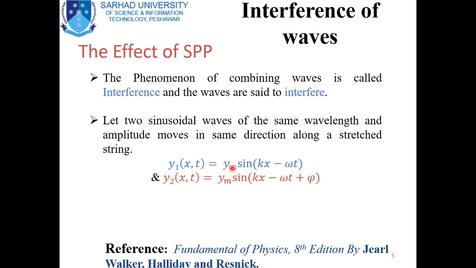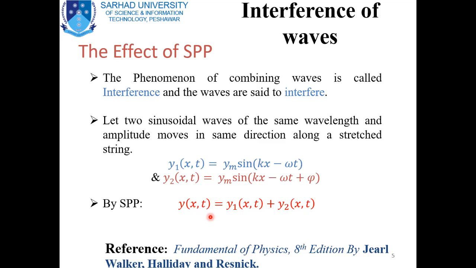Although the amplitude and the wavelength of both of these waves are the same, the overall argument may not be the same. So for this we put a phase constant in the second expression, and in this case this phase constant is also known as the phase difference of these two waves. We can obtain their resultant by applying the superposition principle. So we will simply add these two waves algebraically.